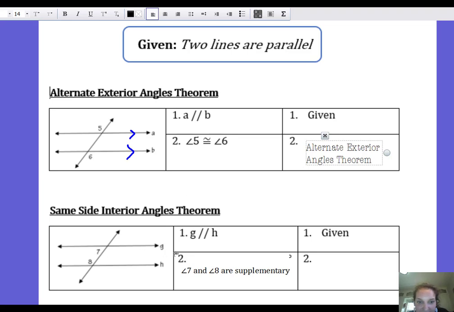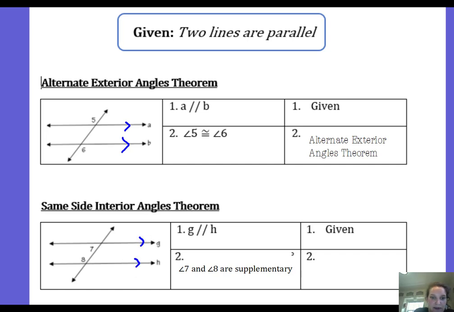Okay, then finally, in this last scenario, we're telling you in the given that G and H are parallel. So now we can go look and see, okay, well, 7 and 8 are same side interior angles. If those lines are parallel, those same side interior angles should be supplementary. So because the lines are parallel, we can say that angle 7 and angle 8 are supplementary.